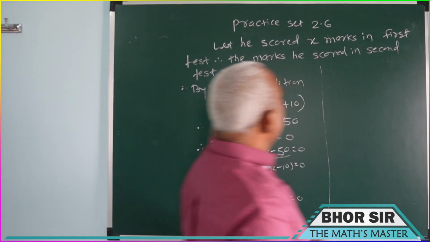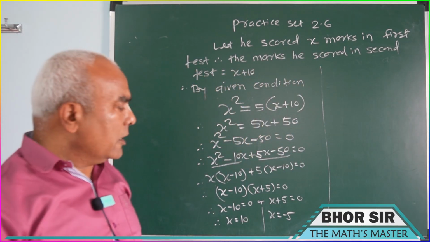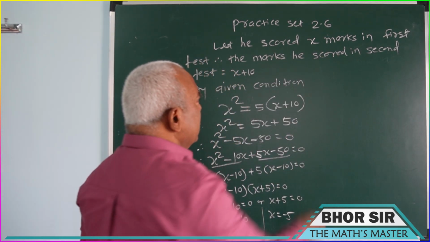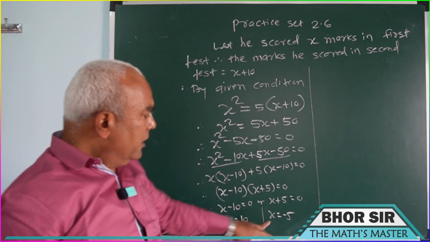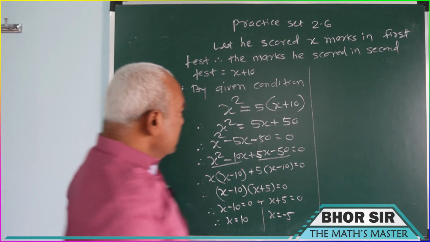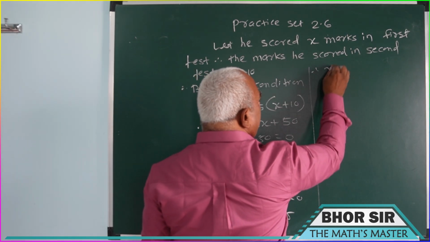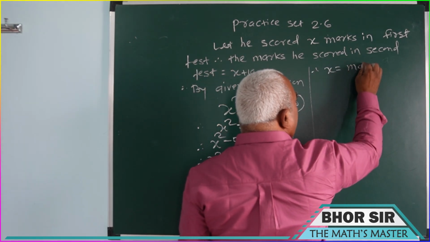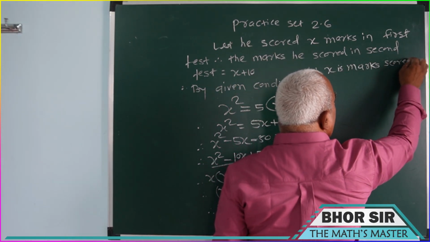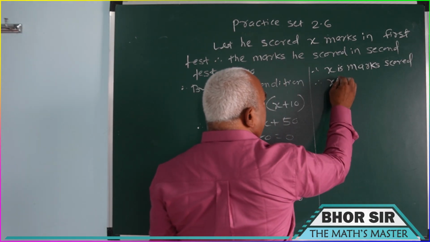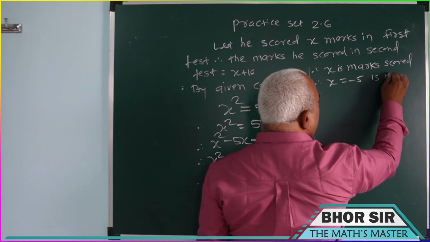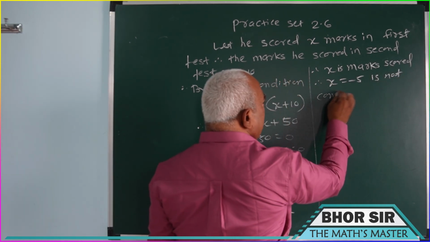But we know that x is marks. Marks scored can't be negative. There is also a scheme of negative marking, but it is not applicable here.